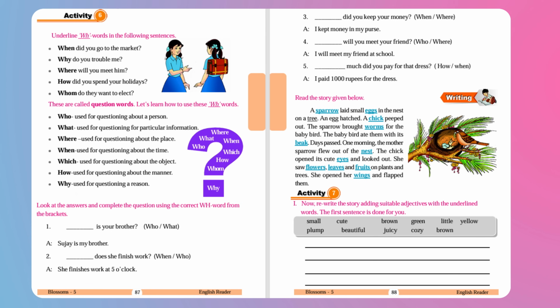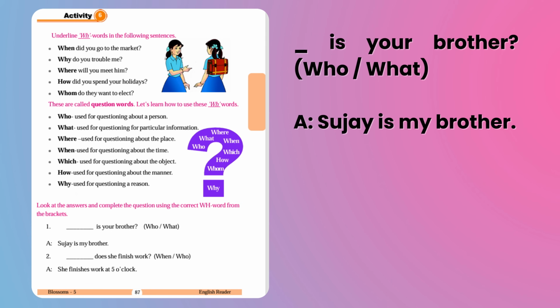Let's do the first one together. Let's read out. Dash is your brother. Options are who, or what. Now let us guess the correct answer. Yes, the correct answer is Sujay is my brother.